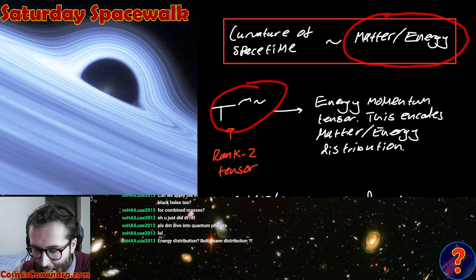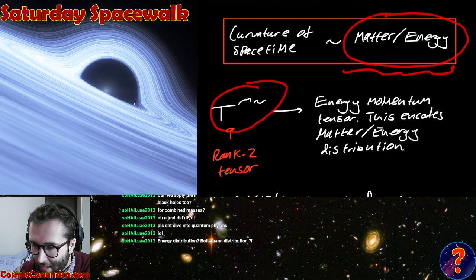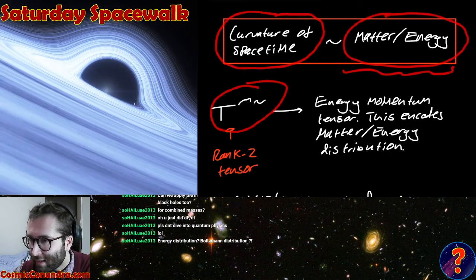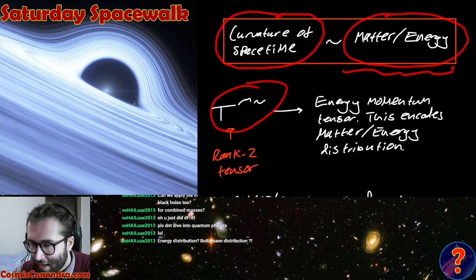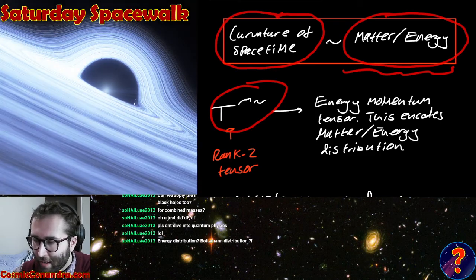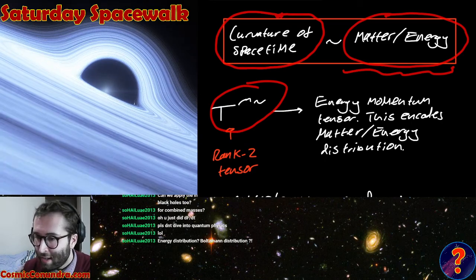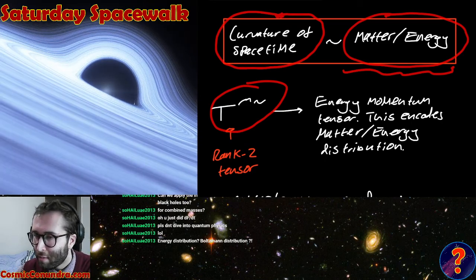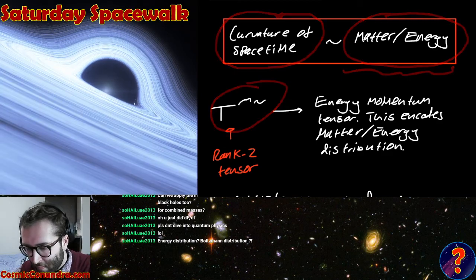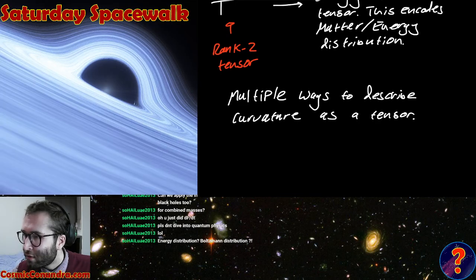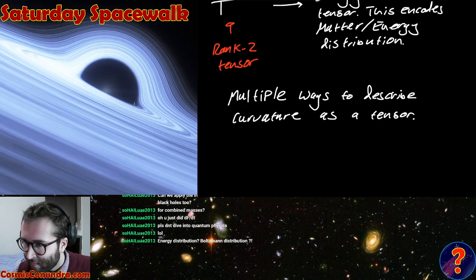The right-hand side being a rank 2 tensor, the left-hand side should also be a rank 2 tensor. Just like if the left-hand side of your matrix equation is 3 by 3, you want the right-hand side to be 3 by 3. So we need a rank 2 tensor that describes curvature.